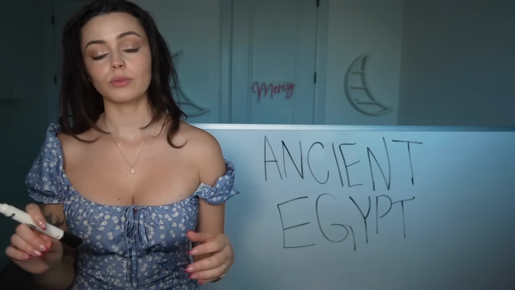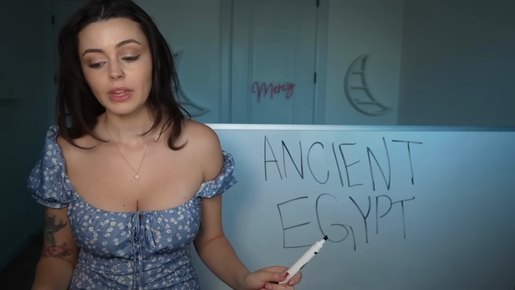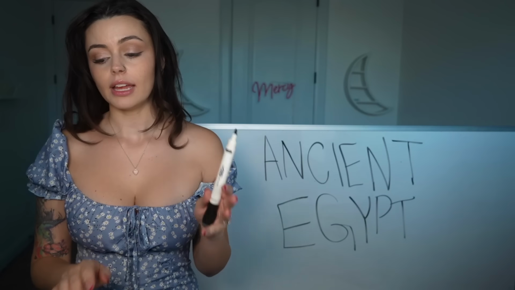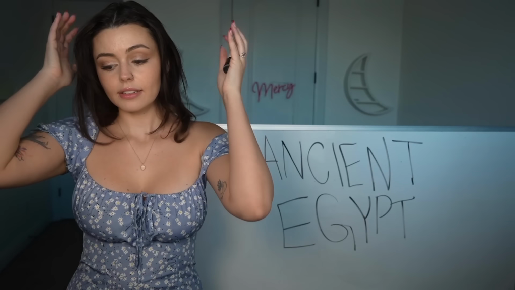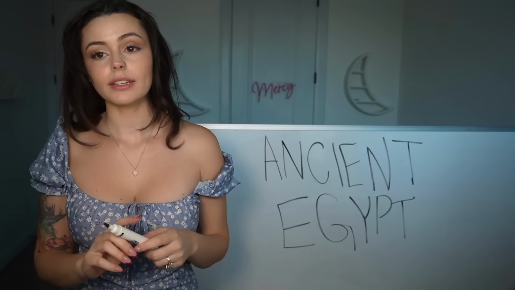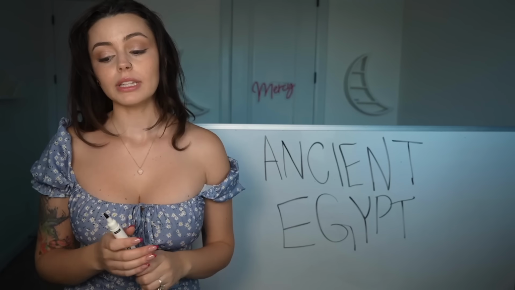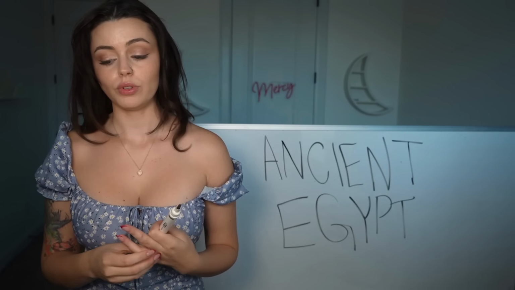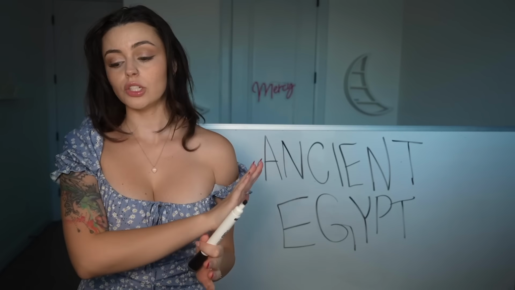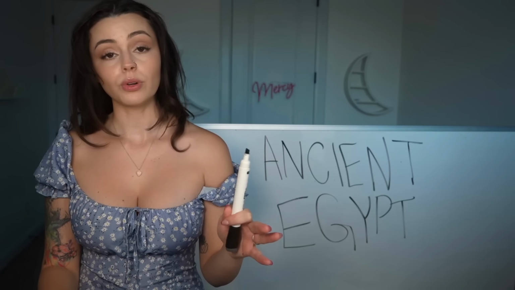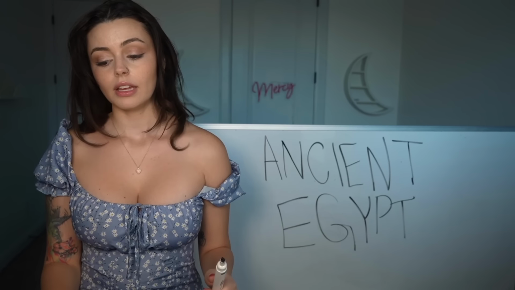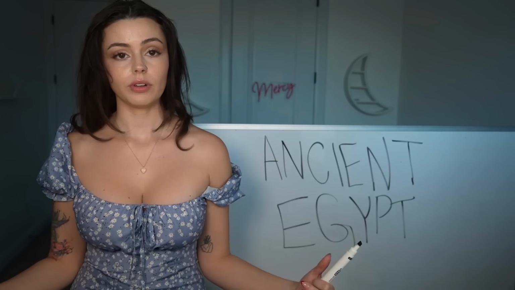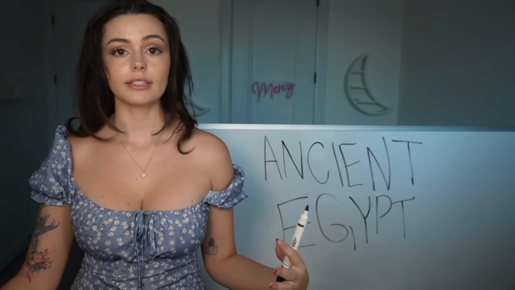His appearance was a falcon head with a solar disc on top, all right? And it was believed that he would sail his sunboat across the sky each day and throughout the underworld at night. And each morning he would be reborn, representing sunrise and renewal.